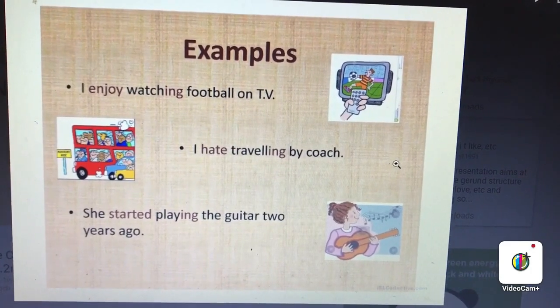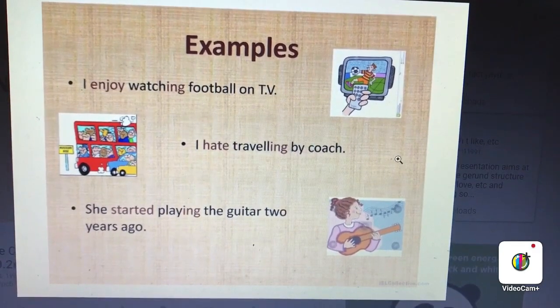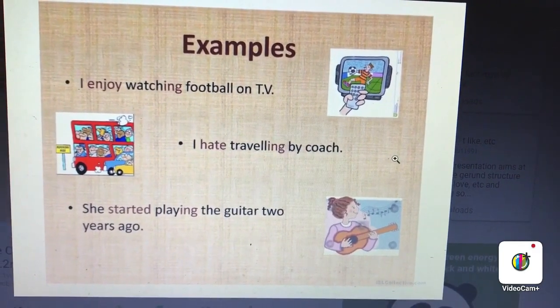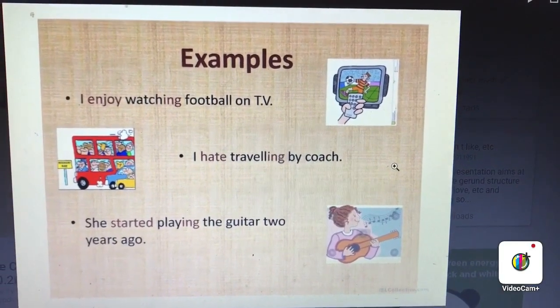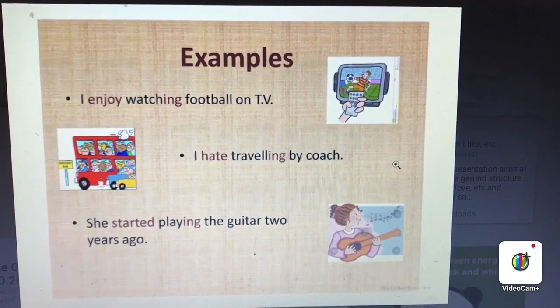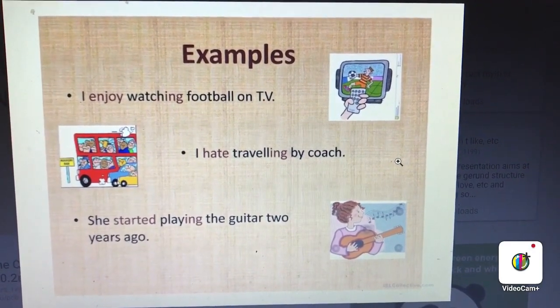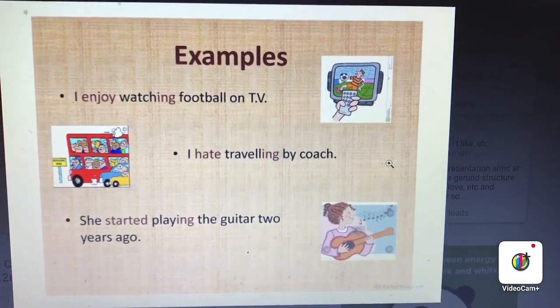And we have a gerund in all these 3 sentences: watching, traveling, and playing. And all these 3 gerunds are acting as objects. I enjoy watching, I hate traveling, she started playing. We have a complete sentence with subject, verb, and object.